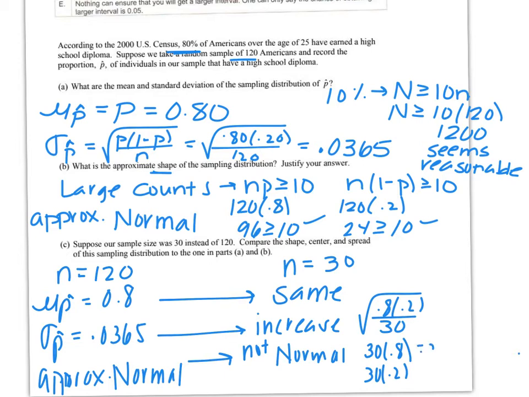So this is 24 and 6, which 6 is not greater than or equal to 10. Okay?